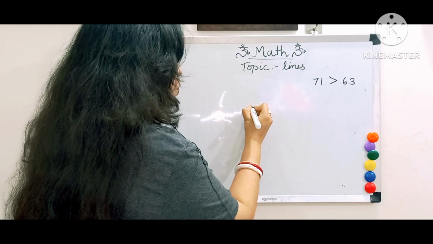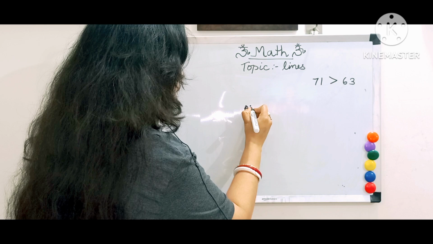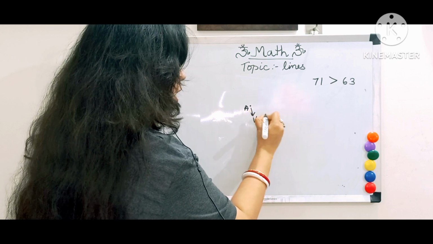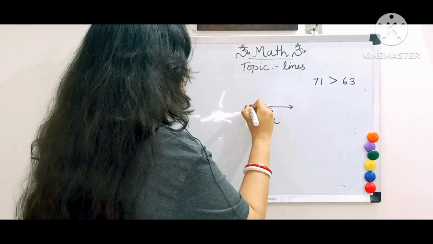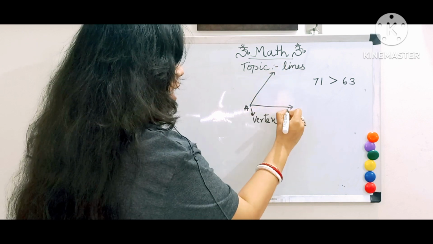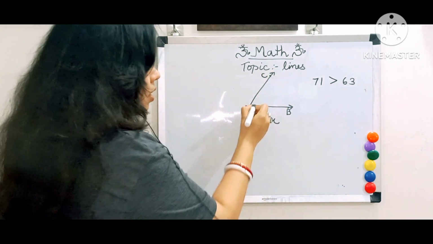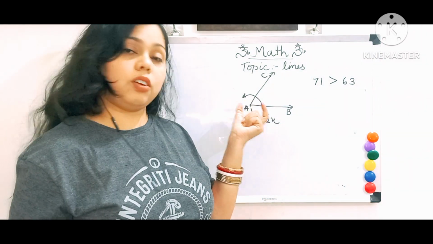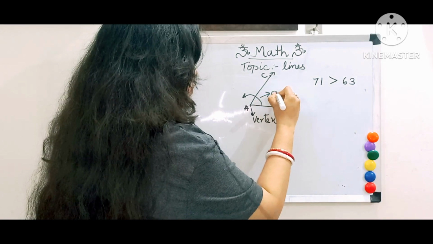So from a point or a vertex, suppose I am taking it as vertex A, it has two rays. This ray has the name AB, and this one is named AC. Now the arc that you can see over here is called an angle.